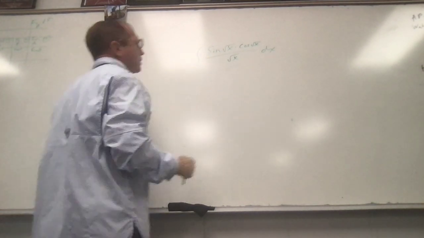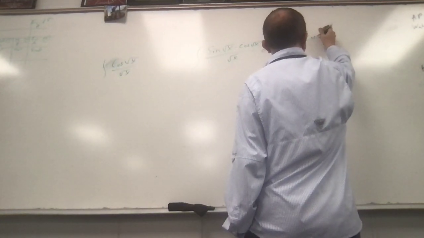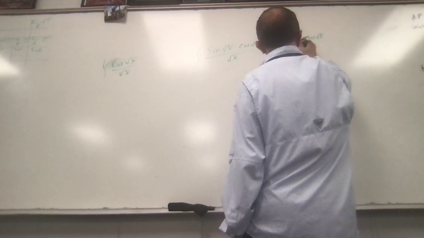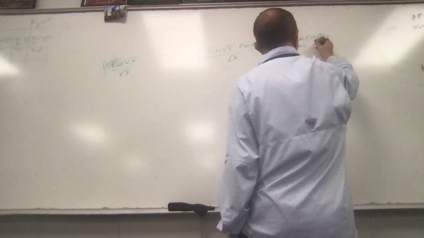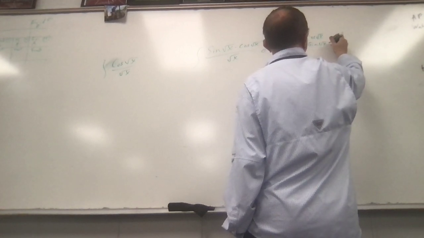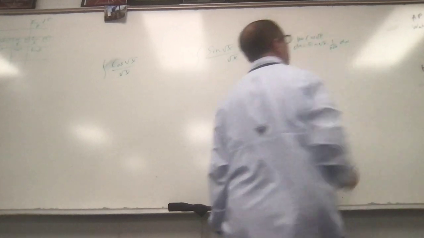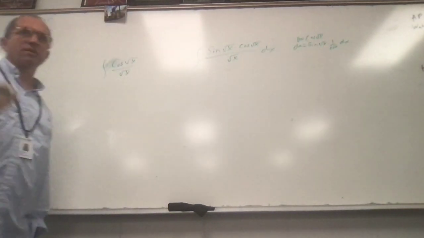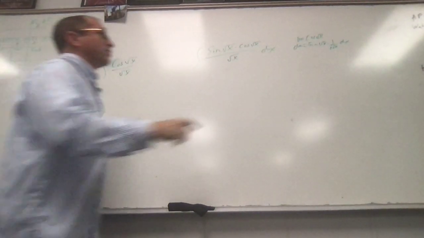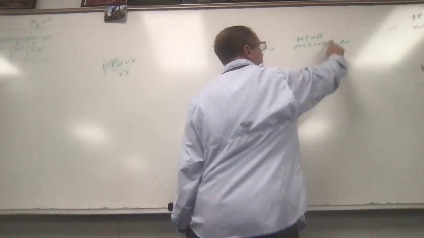So what I'm going to do here is let u equal the cosine of the square root of x. So du is going to equal negative sine of the square root of x times 1 over 2 square roots of x dx. Again, the derivative of the square root, remember, you have to take the derivative of the outer portion times the derivative of the inner portion.